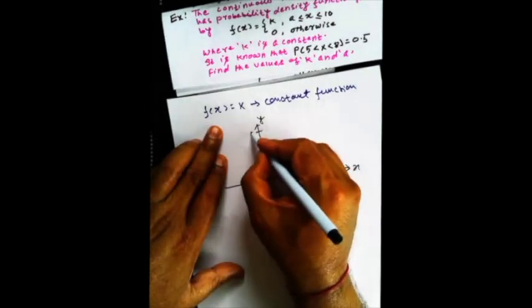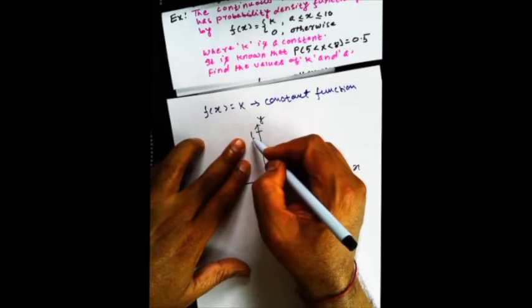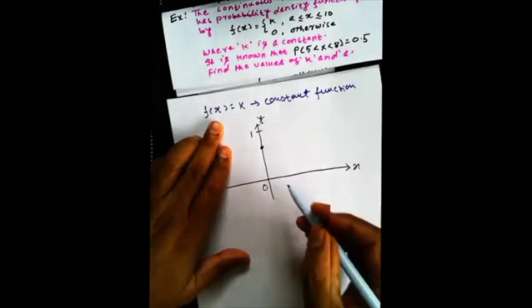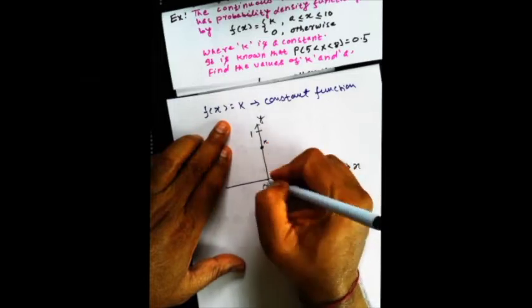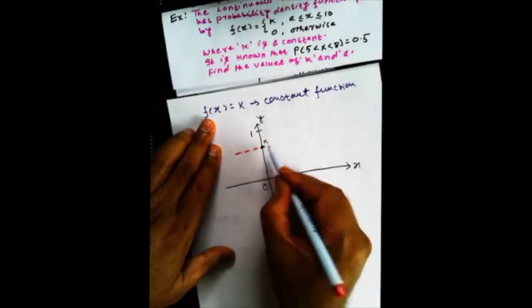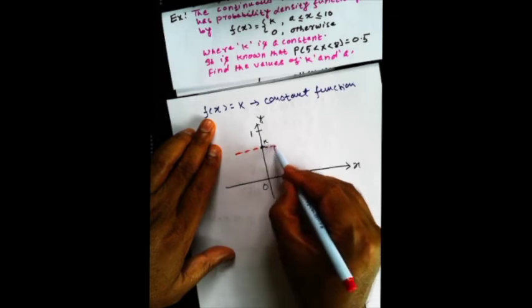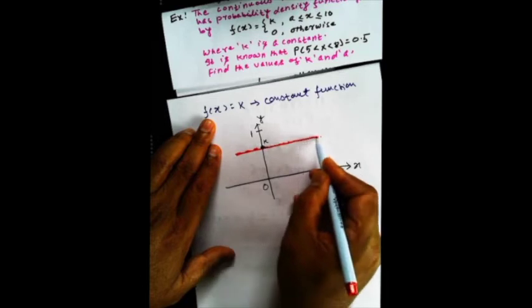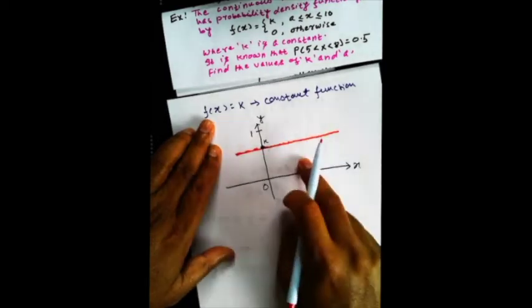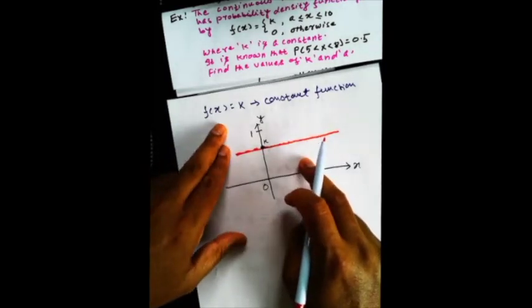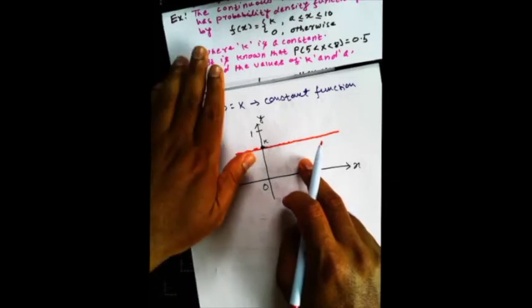And say this is 1 because the value of probability cannot exceed 1. Then if this is a constant function, this value k is somewhere in between 0 and 1, and your graph will pass through point k on the y-axis parallel to the x-axis. Alright, so this is the mathematical graph for this function. But what is it statistically?